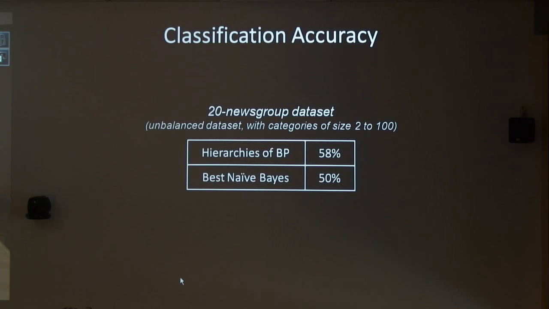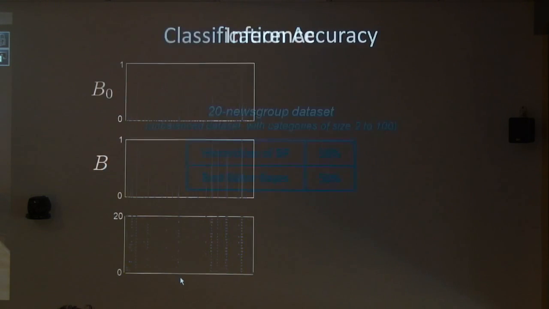The naive Bayes here uses cross-validation, and this is looking for all the possible parameters for naive Bayes on the test set and trying to find the best number, and that's what you get. But that's really a case where you have a lot of rare features, and that's the kind of place where this method shines.